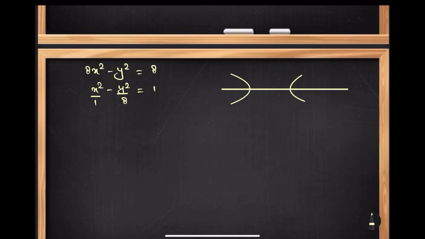Now what do we want? We want the foci. Now you know that here a square is 1, b square is 8, and the foci are ae comma 0 and minus ae comma 0, because it is horizontal. So we want a, we want e. Do you have any relationship that contains a, b and e?